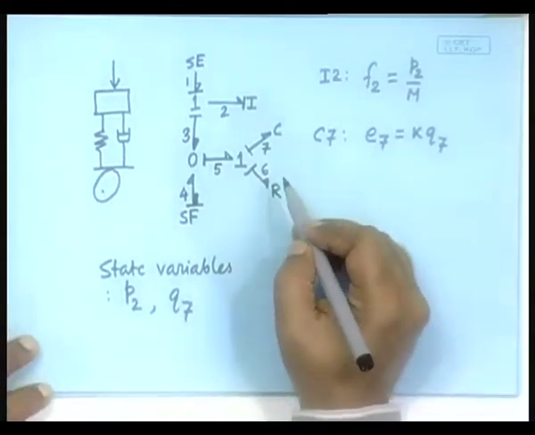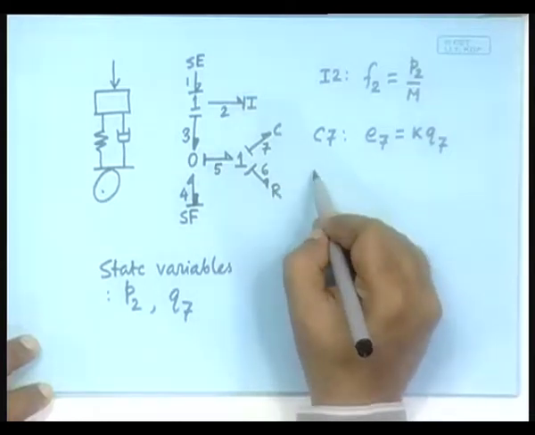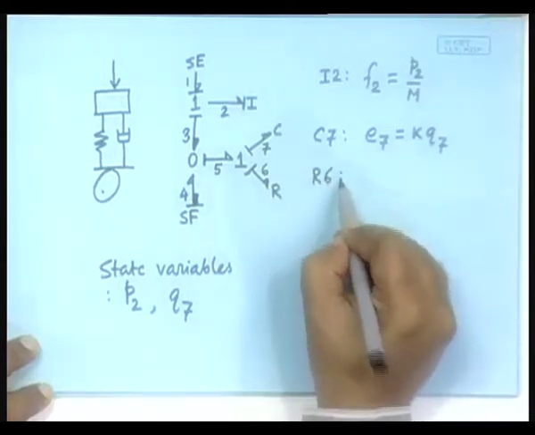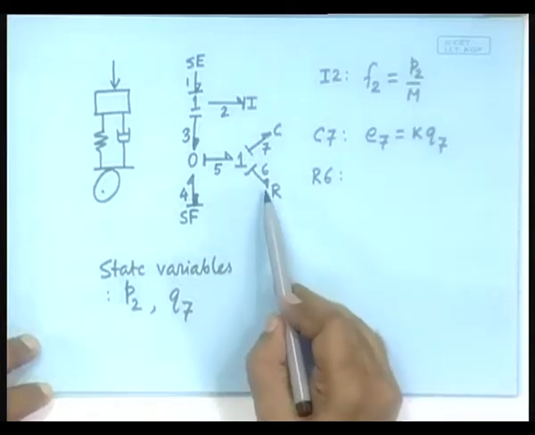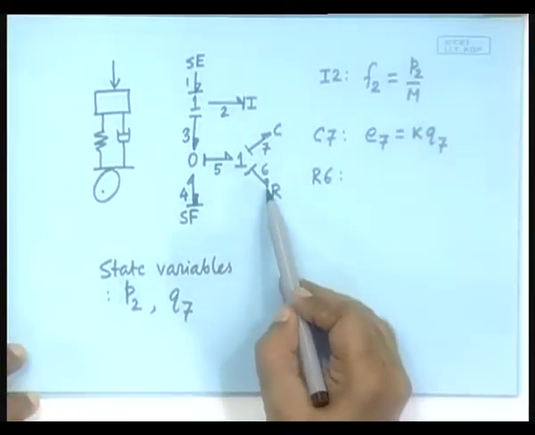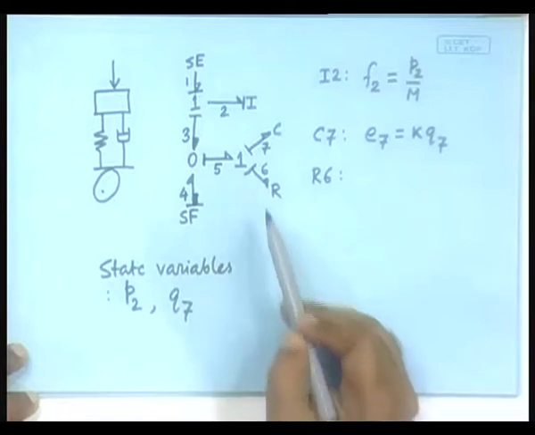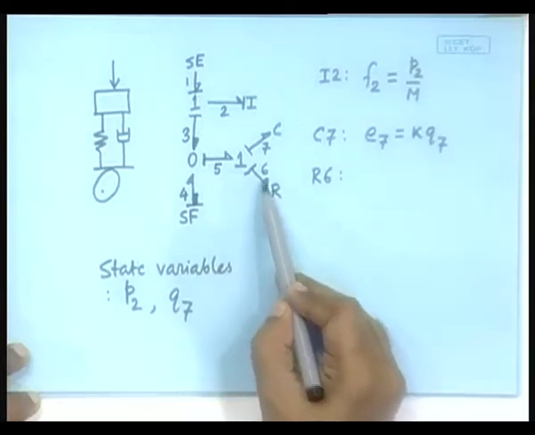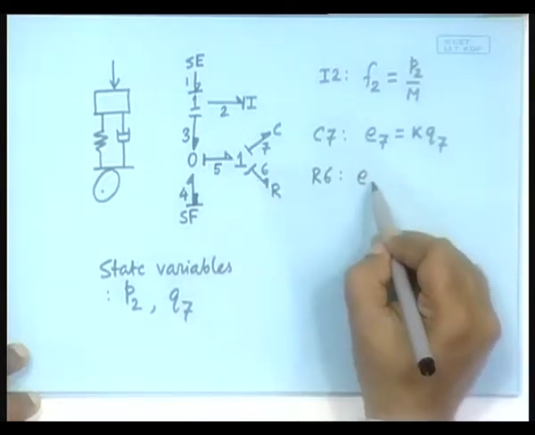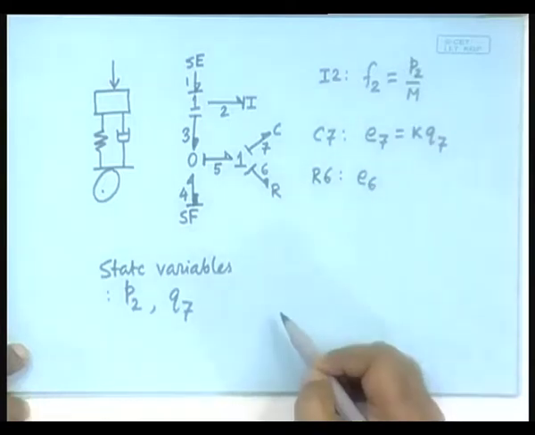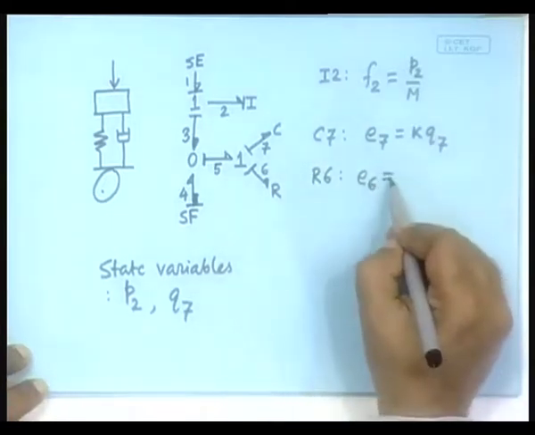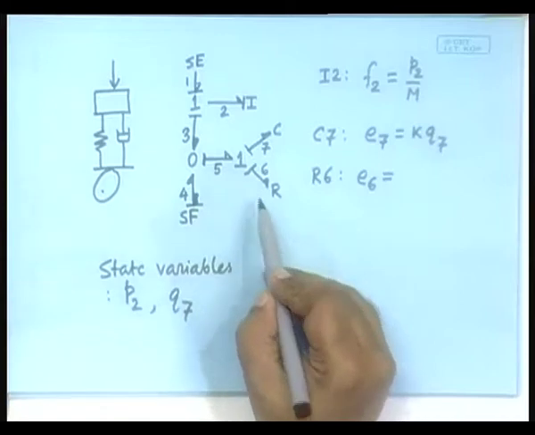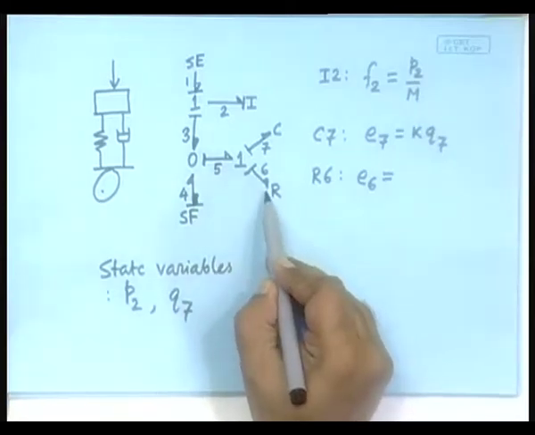Now, ask this question with reference to R6. What does it give to the system? It gives the effort E6. Can you see that? It receives flow and gives effort. So, E6. E6 it could give because it has received flow F6.